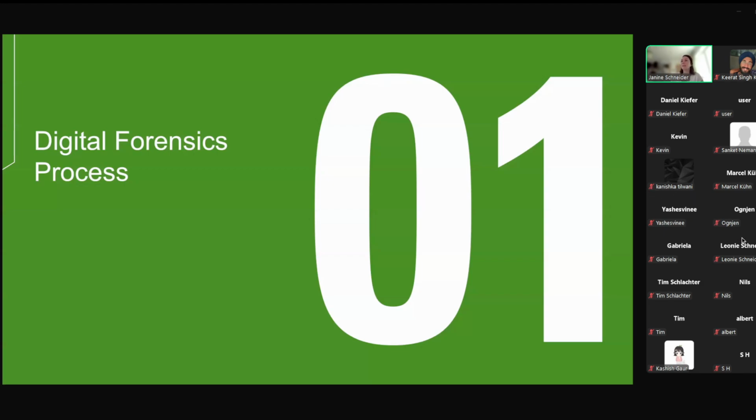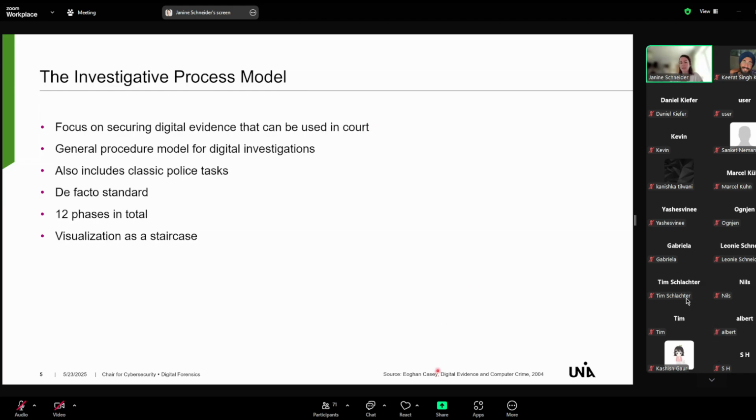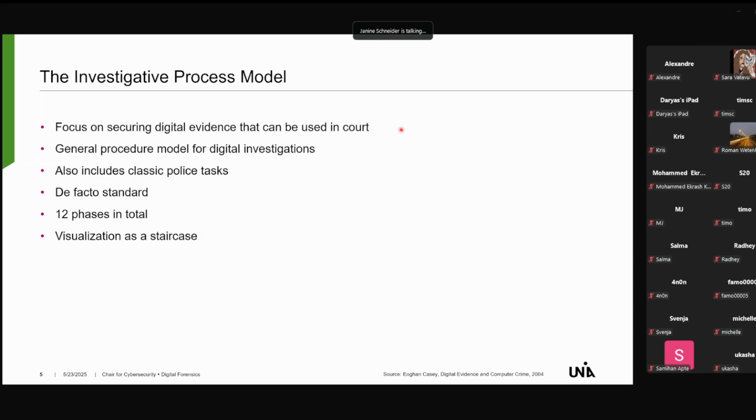Let's start with the digital forensics process. There is something called the investigative process model. It was developed by Eoghan Casey. We heard about him a couple of times so far. The model focuses on securing digital evidence to be used in a court proceeding.